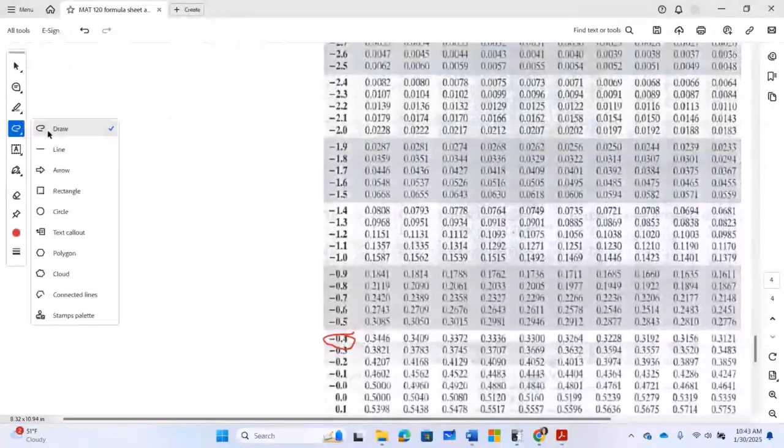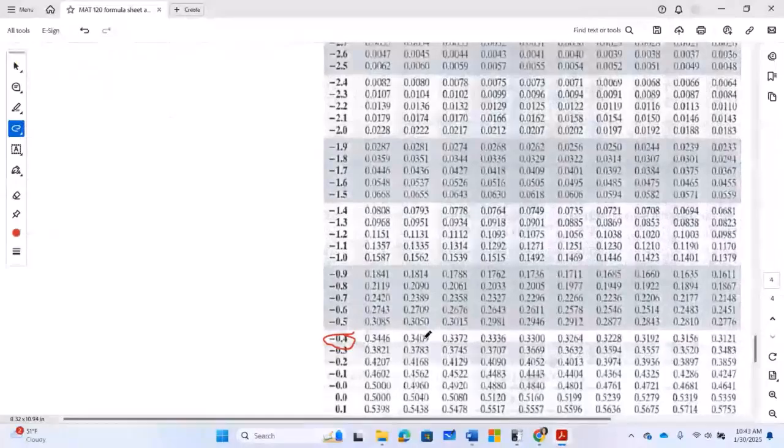This is 0.40, this is 0.41, this is 0.42. So I get the answer, that is approximately 33.7%. So the answer will be almost the same whether you are reading the chart or using your calculator. You can use your calculator or read the charts.